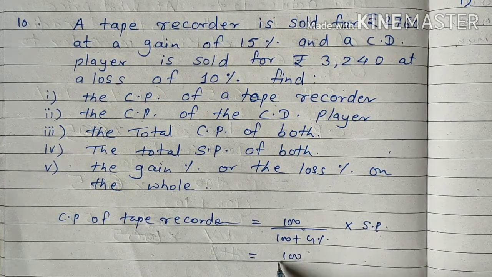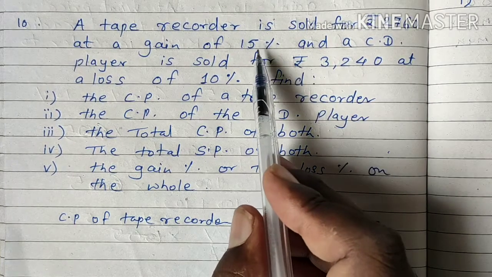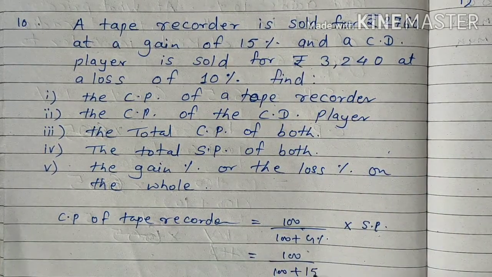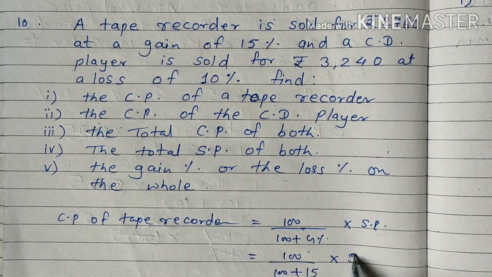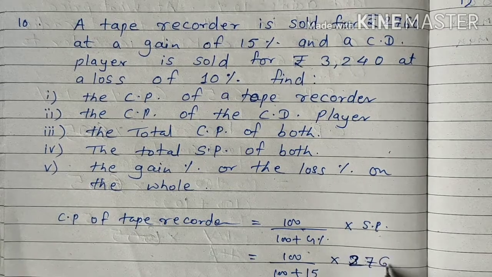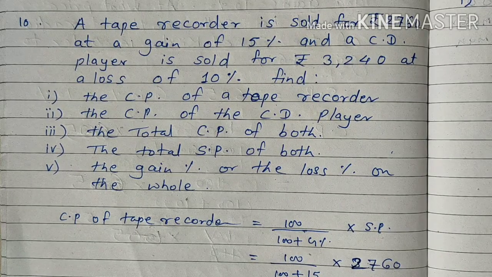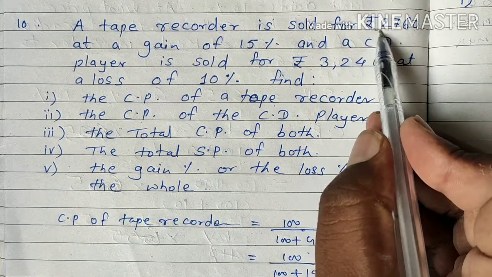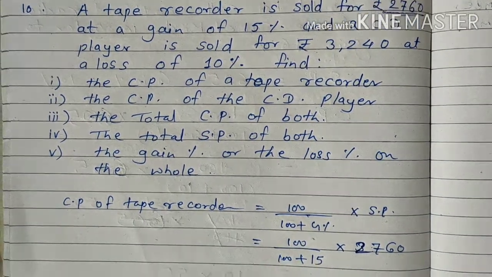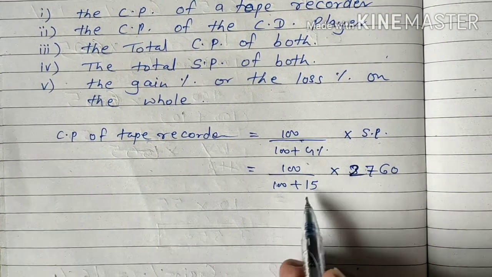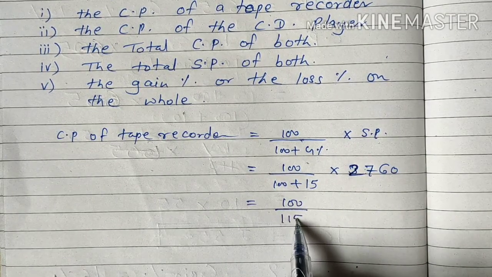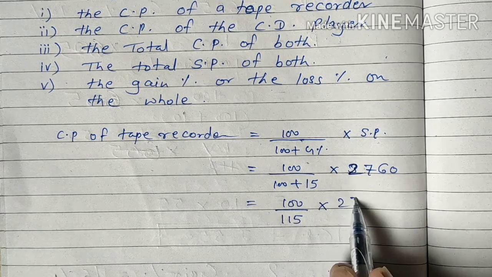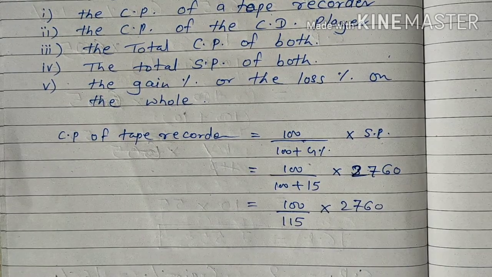Okay, so 100 plus what is the gain percent of the tape recorder? It is 15, multiplied by 2760, which is the selling price of the tape recorder. Then 100 plus 15 gives us 115, multiplied by 2760, right?